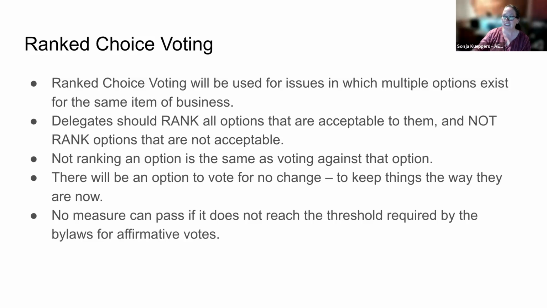So ranked choice voting is going to be used for any issues where there are multiple options for the same item of business. This definitely includes the scenario resolutions, right? But it could also include other issues.